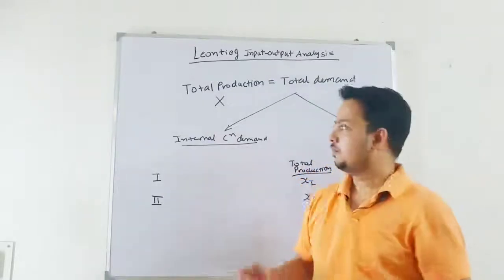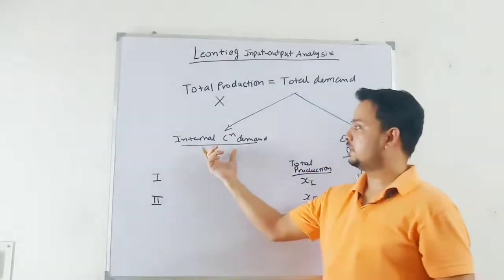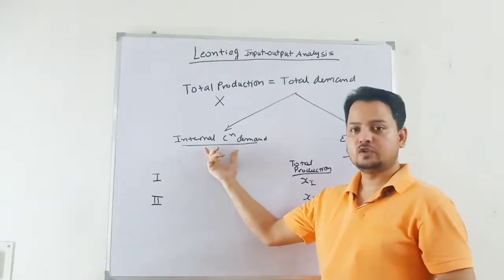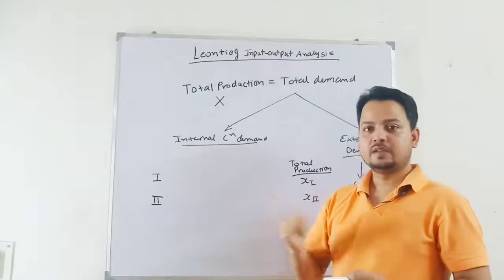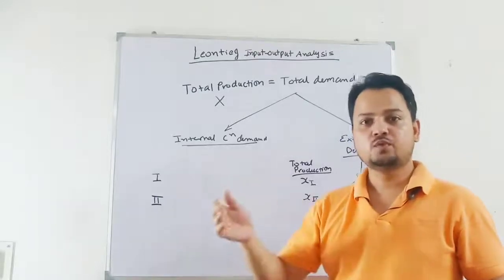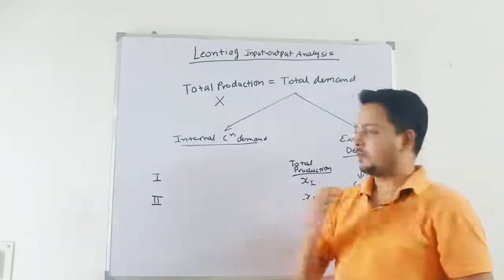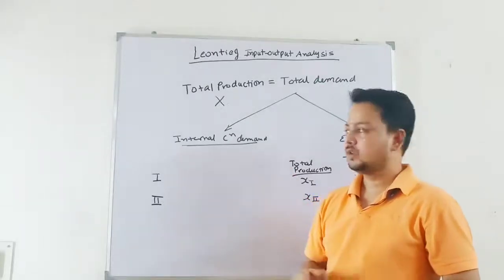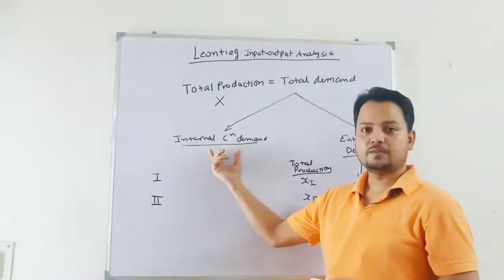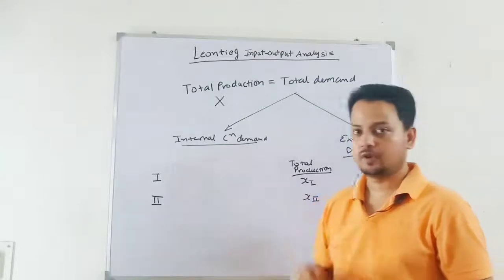Part of the interdependency arises because they have internal consumption. Each industry depends on other industries; they require inputs of other industries apart from their own industry. So there is an internal demand within the system or within the model.